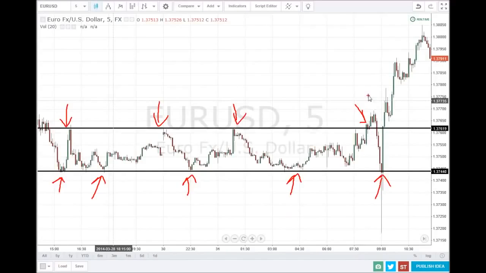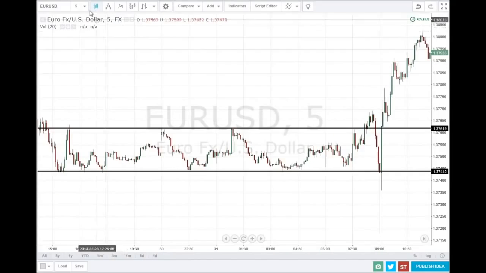And you'll see it's not until the start of the London session, which is round about here, that price actually comes out of this range. So it's very likely we could have made double profits on all of these call and puts using the hedging strategy. Let's look at a longer term time frame.